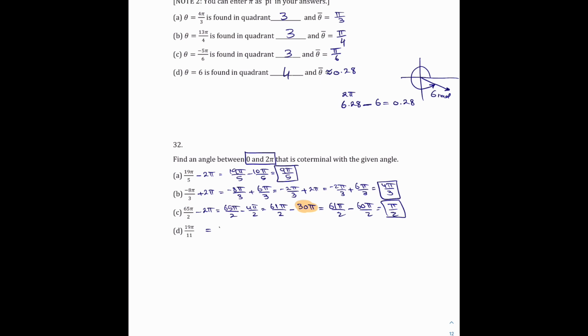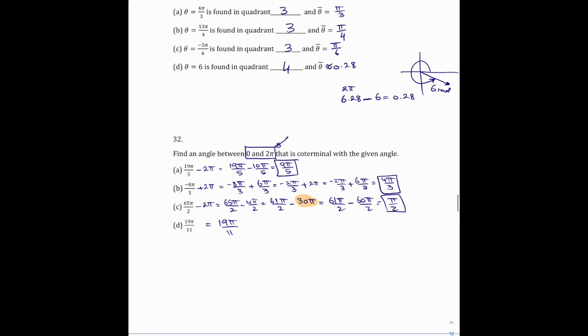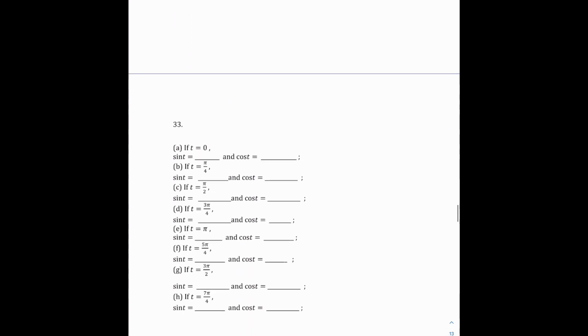So the coterminal angle is 19 pi over 11, because there isn't a positive angle between 0 and 2 pi that is coterminal to 19 pi over 11. But if this was not given to me, I would be able to find the coterminal angle by adding 2 pi to it. But since this has to be between 0 and 2 pi, there isn't such a thing, and the only coterminal angle is itself.